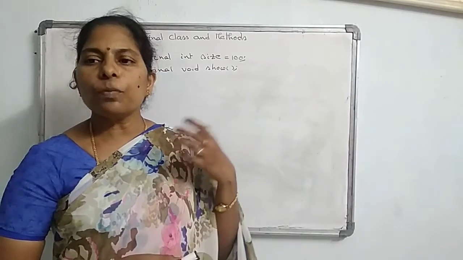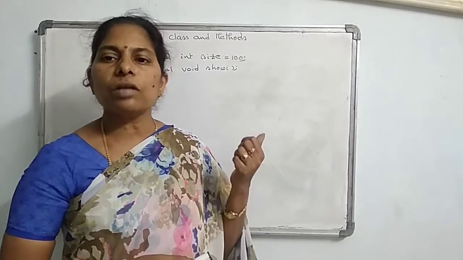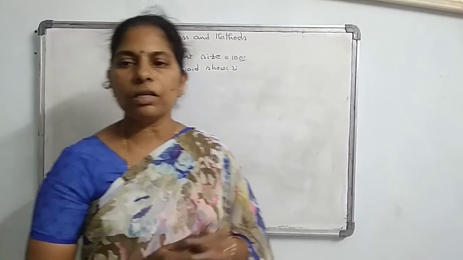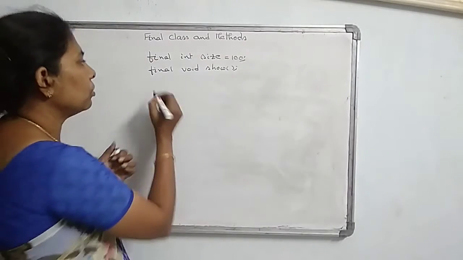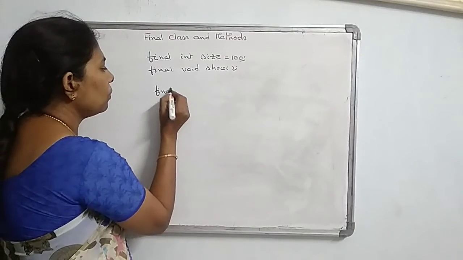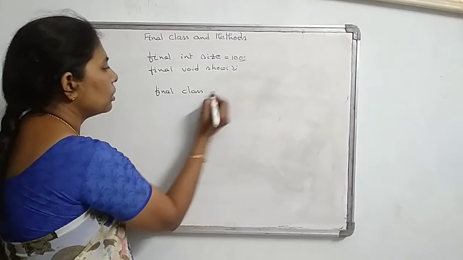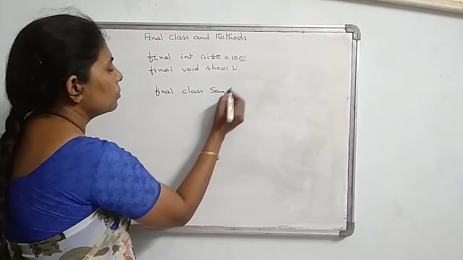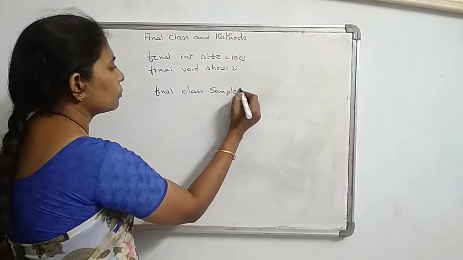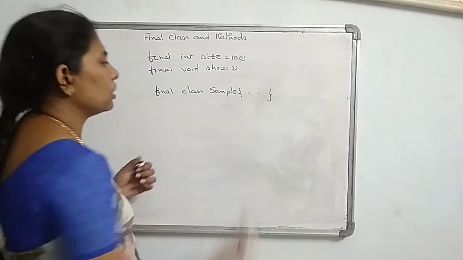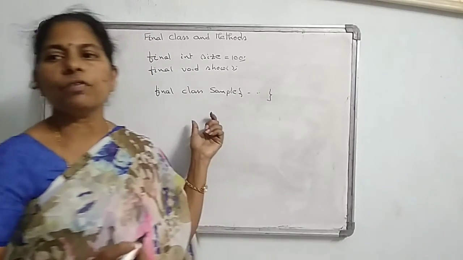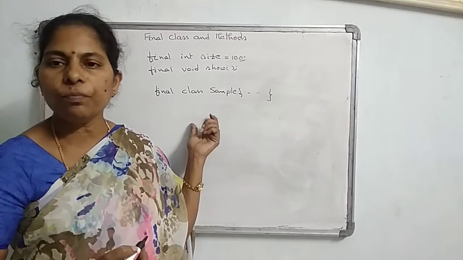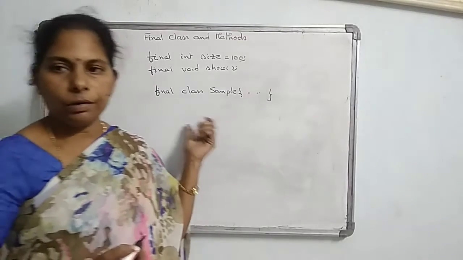If you want to represent a final class, you use the final keyword. That means you can use final class Sample. Like that you can take it. Whatever classes you want to use, that class must come under the keyword final.